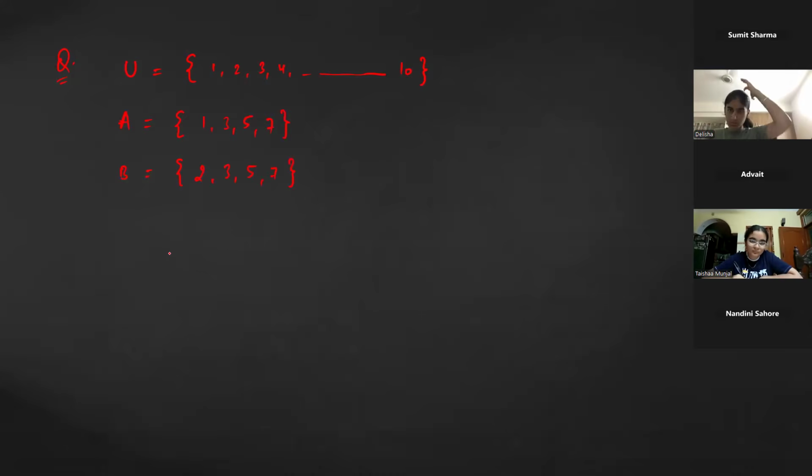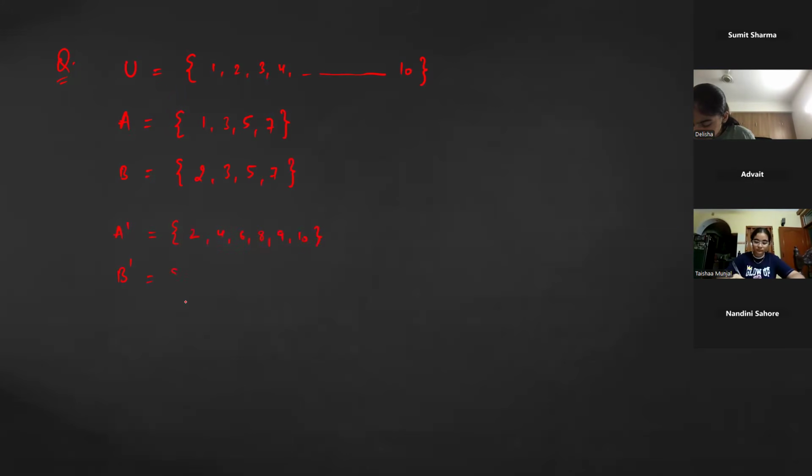So first of all, we are going to verify De Morgan's law. For that, we need A complement and B complement. So if we want to find A complement here, it is U minus A, which means all the elements of U except the elements of A. So it will be 2 here, it will be 4, 6, 8, 9, and 10.